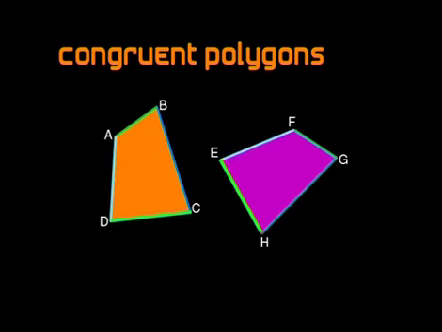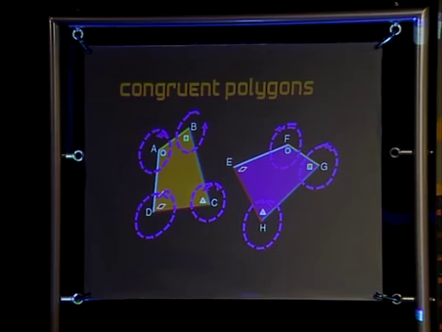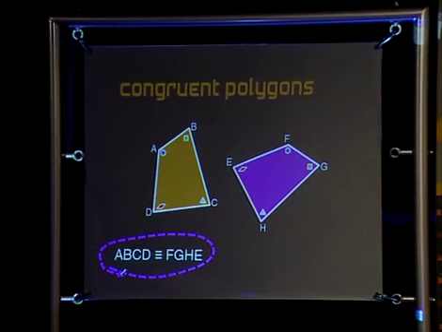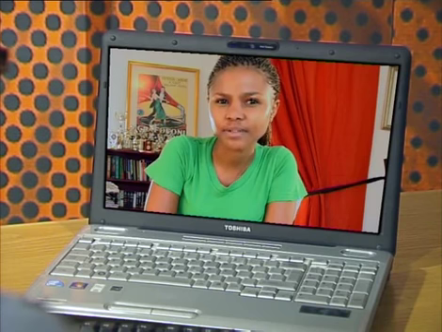In our example, angle A corresponds with angle F. Angle B corresponds to angle G. Angle C corresponds to angle H. And angle D corresponds to angle E. So our congruency statement says that polygon ABCD is congruent to FGHE. So does this mean if we see a congruency statement, we can see at a glance which sides and angles are equal in shapes? Quite right.